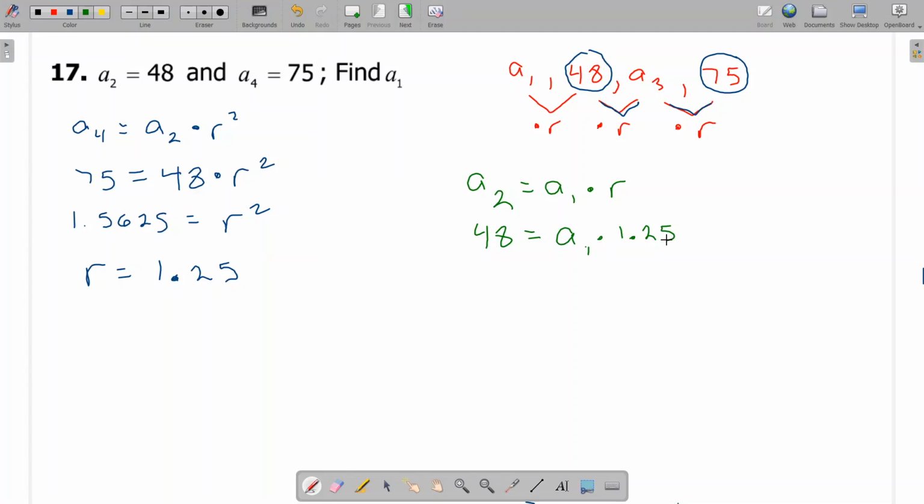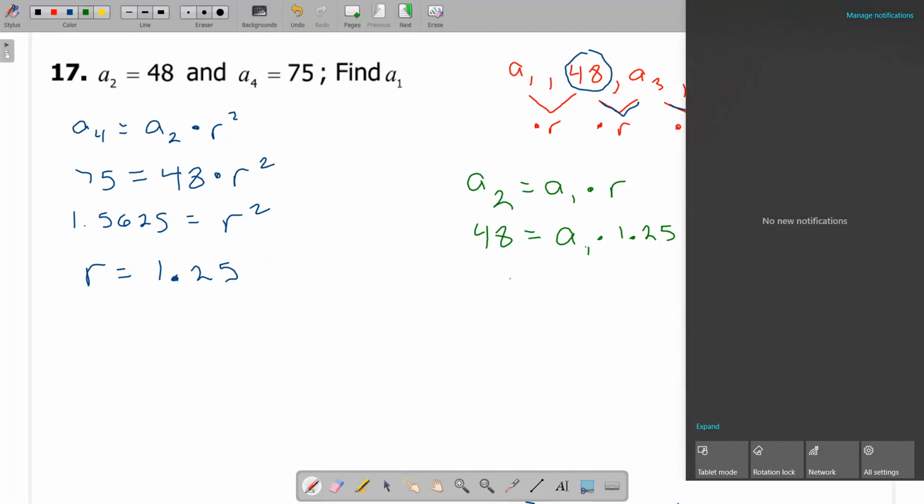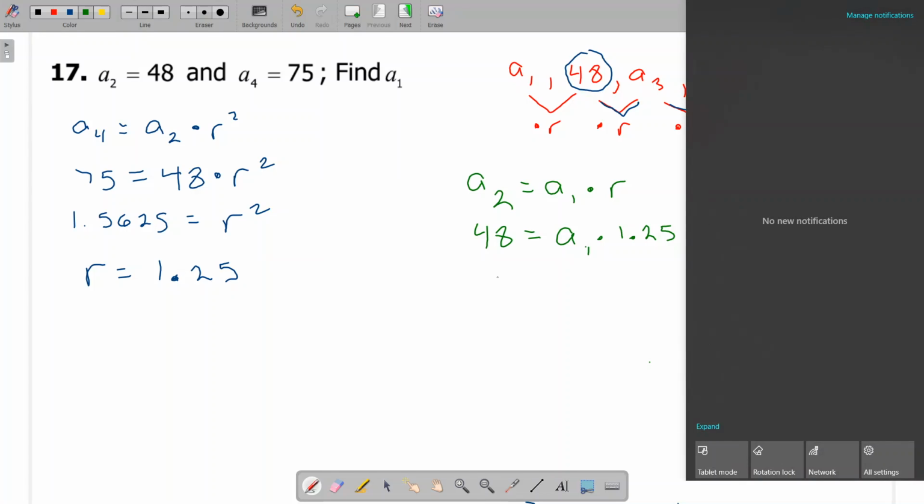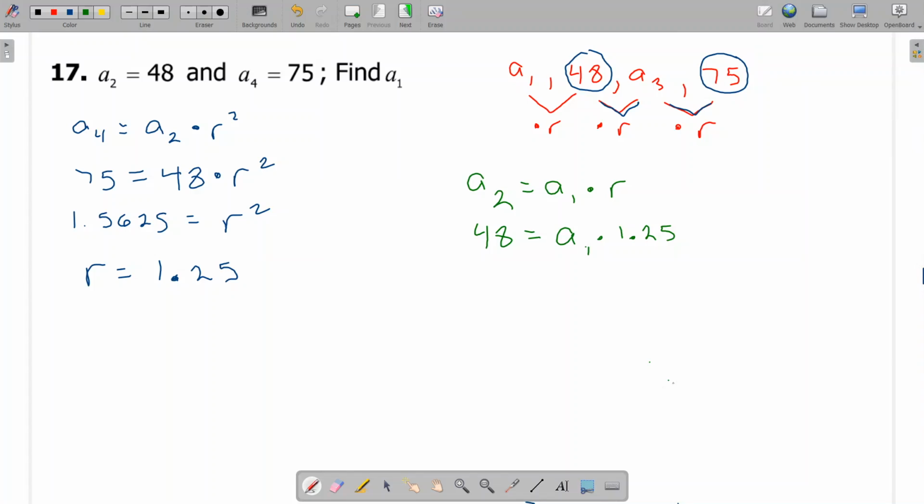And then we can just divide by 1.25. And that gives us an a1 value, or a first term value, of 38.4. So that requires some critical thinking, some problem solving.